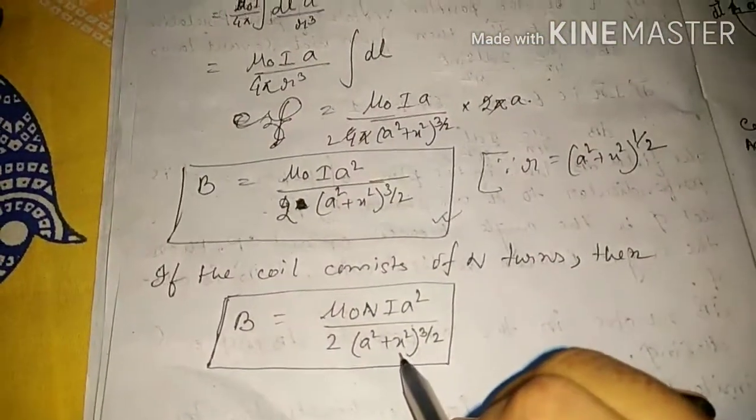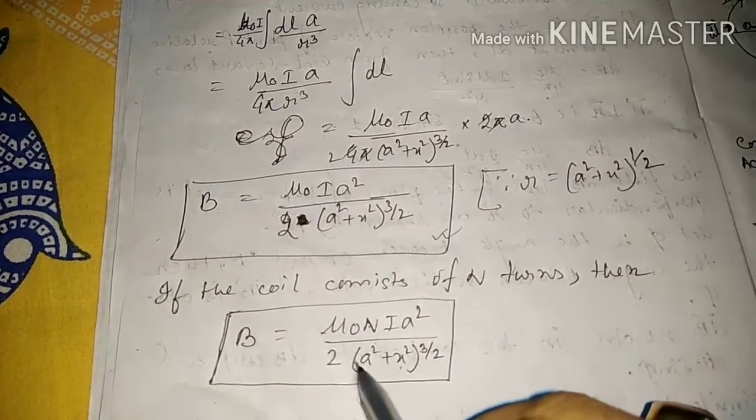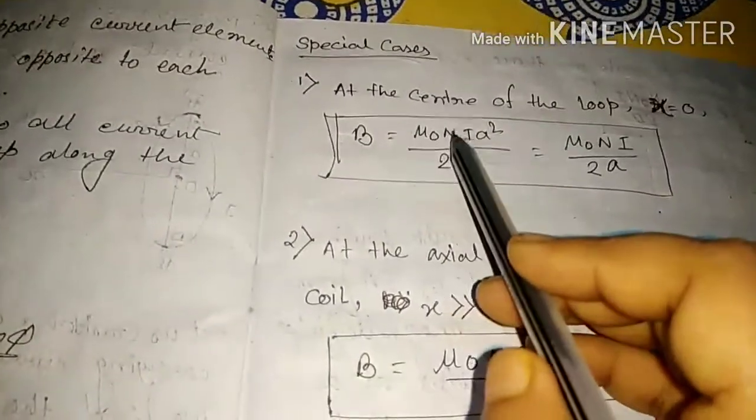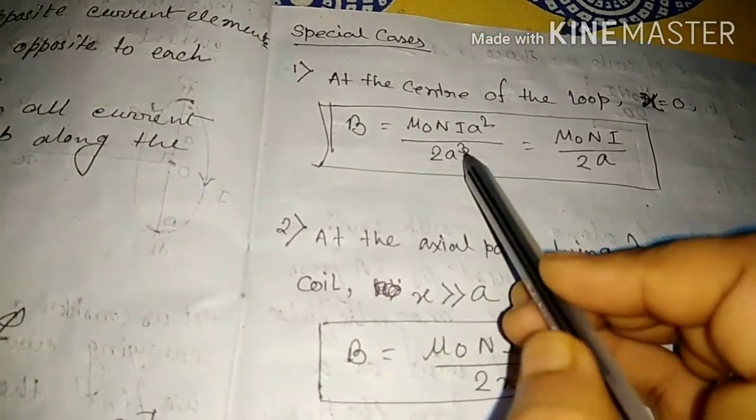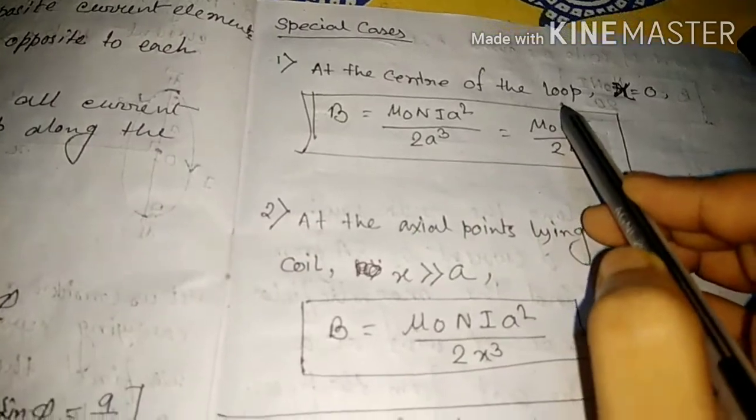So from this expression, the X term is 0. So A square with 2 cancels, giving 2A cube. So you write mu 0 n I A square by 2A cube. One A cancels. So B equals mu 0 n I by 2A at the center of the loop.